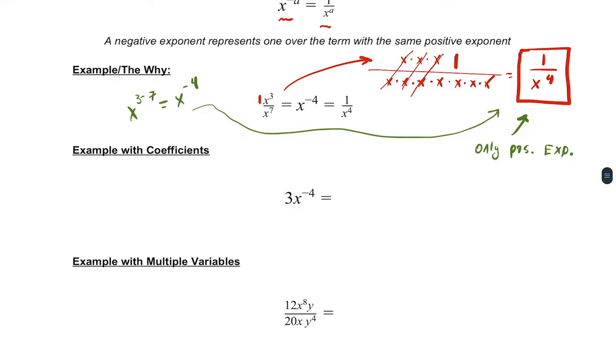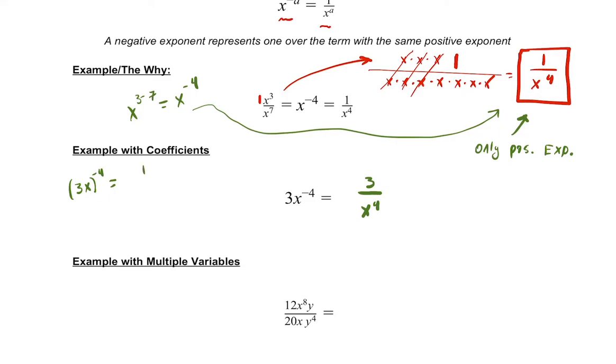Be very careful. This negative 4 does not apply to the 3 unless there is a parenthesis. So this right here just means instead of 3x to the negative fourth, it's 3 over x to the fourth if we write it as a positive version. Now, if we had 3x to the negative fourth like that, that would be a different story.